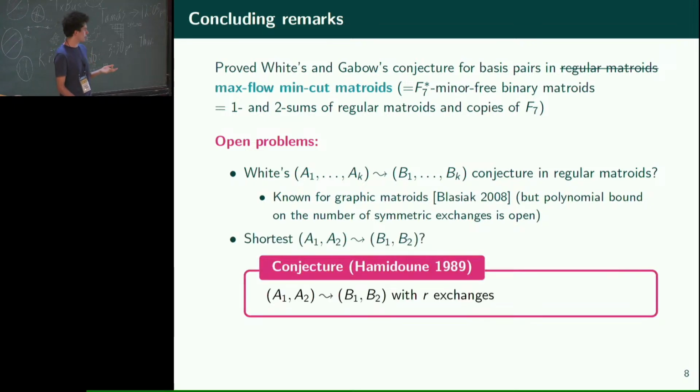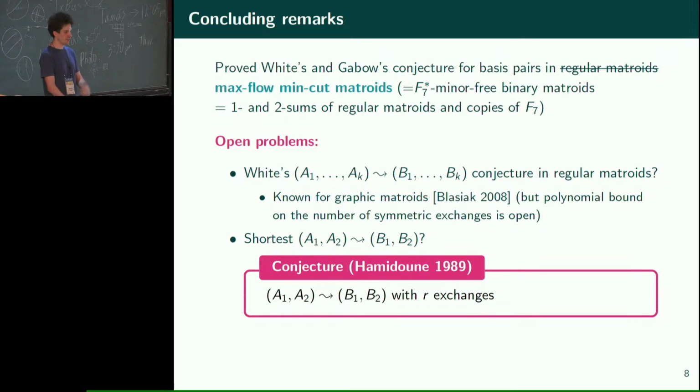Another open problem is that for these graphic matrices or regular matrices, the best upper bound we have on these distances of basis pairs is quadratic in the rank, but we know of no example where more than rank many exchanges might be needed.